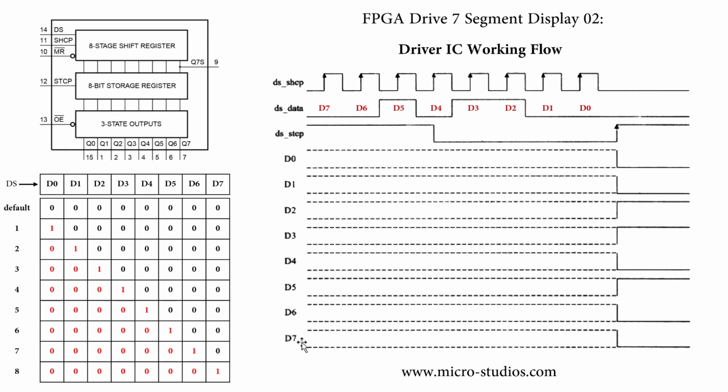And this data, it is here. Okay, this data is here. It is first in, first out. So this data is first in, and it will shift into the last bit of the shift register.